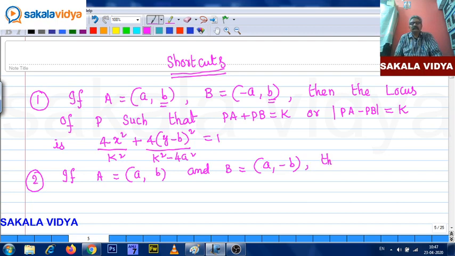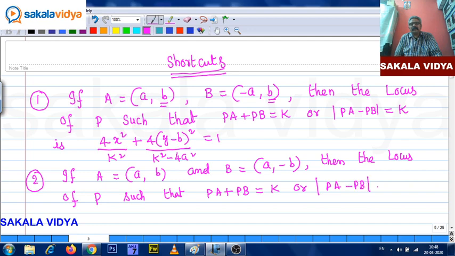Then the locus of P such that the condition is the same, PA plus PB is equal to K, or mod of PA minus PB is equal to K. So now here x coordinates are equal, that means you can write like this: 4 into (x minus a) whole square upon k square minus 4b square, plus 4y square by k square equals to 1.